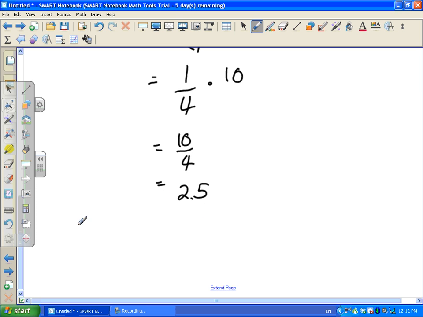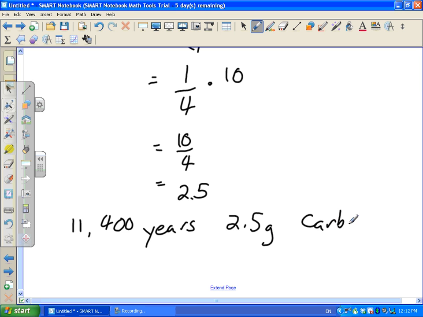So after 11,400 years, there is 2.5 grams of carbon-14 left.